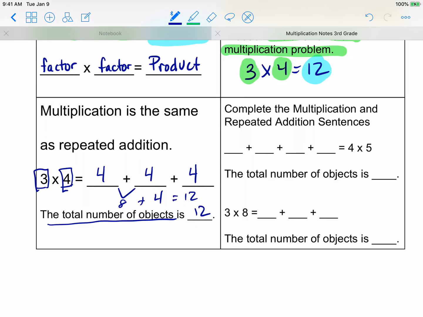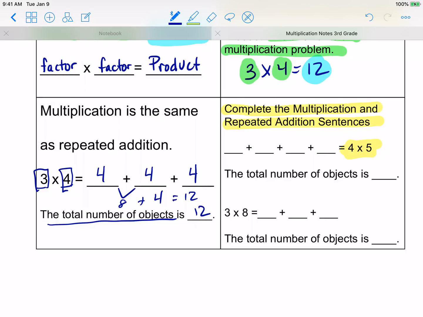Now, for this last part, it says complete the multiplication in repeated addition sentences. So look at your multiplication sentence. We have 4 times 5. So 4 groups of 5. How would we fill that in? Does anyone have a guess? You can go ahead and fill this in and then check your work.